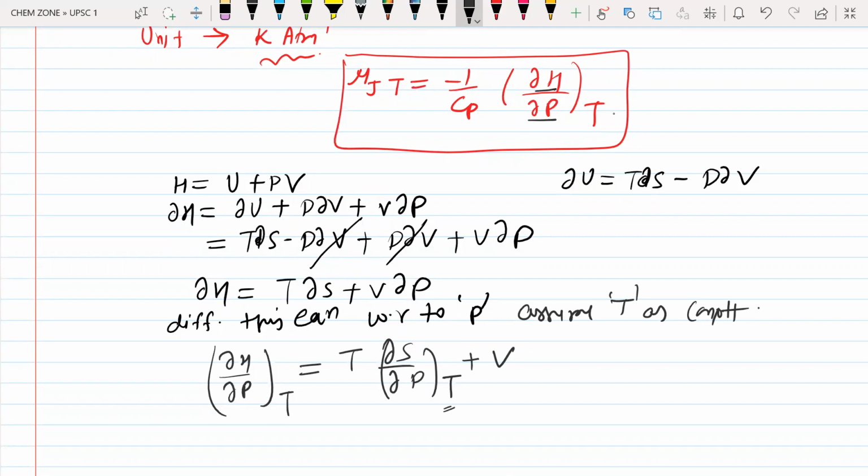We get T del S by del P at constant T, and the differential of P with respect to P will be cancelled out. We will get V.